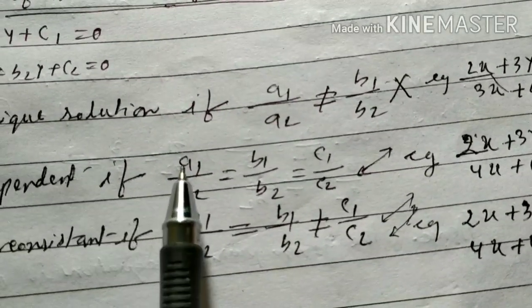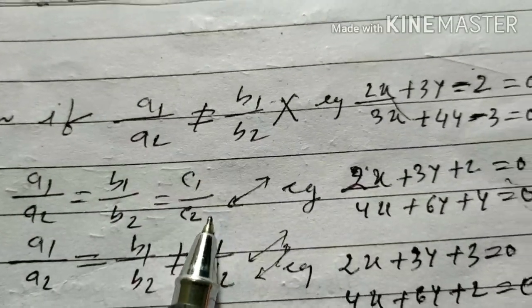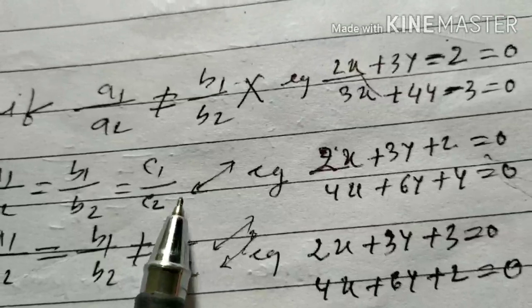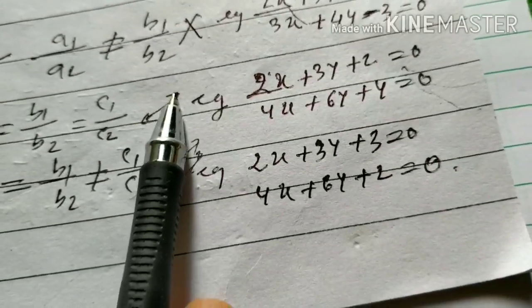That means a1 by a2 equals b1 by b2 equals c1 by c2. The graph will be a single straight line, so it is a consistent pair.